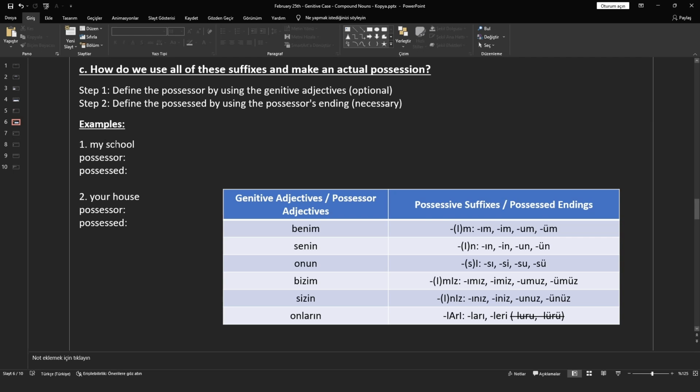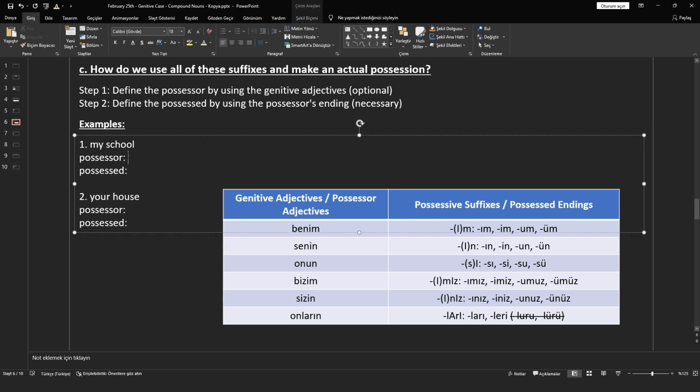So let's do this. My school. We have benim. So the possessor is benim, and the possessed noun, school, is okul. Now let's check the suffix. So my school is benim okulum.